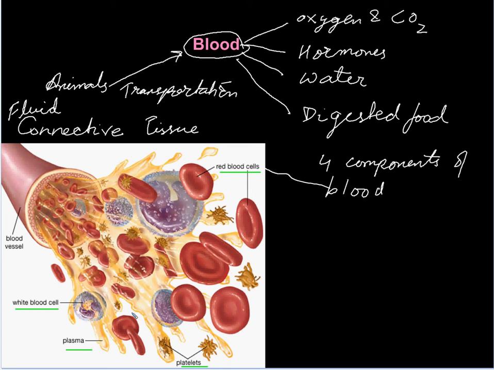Now, a brief about the different components. The first component is plasma. Plasma is the liquid part of blood.